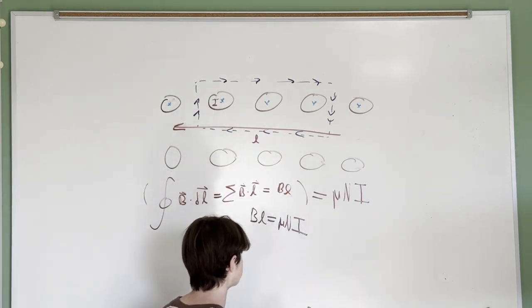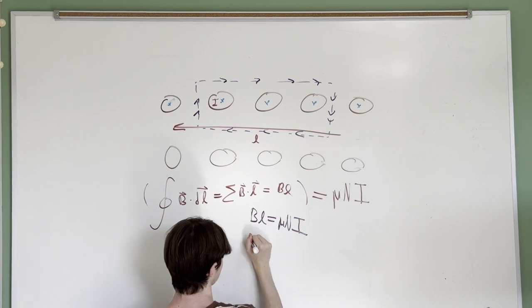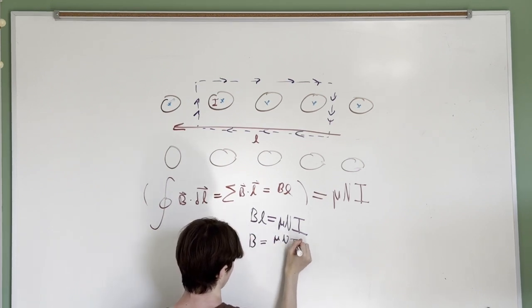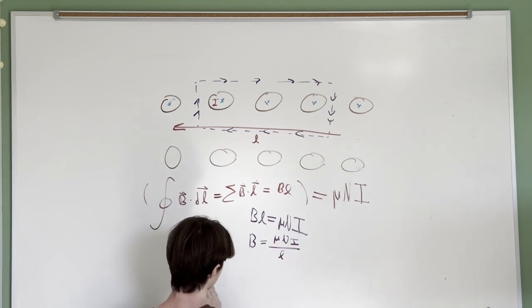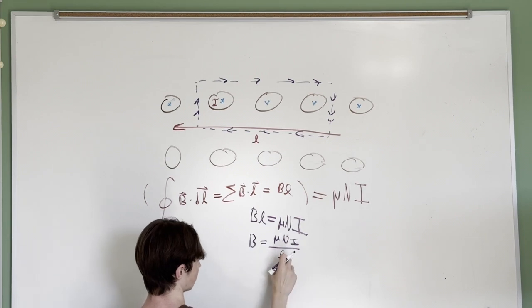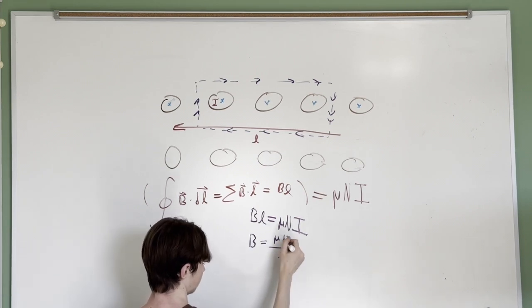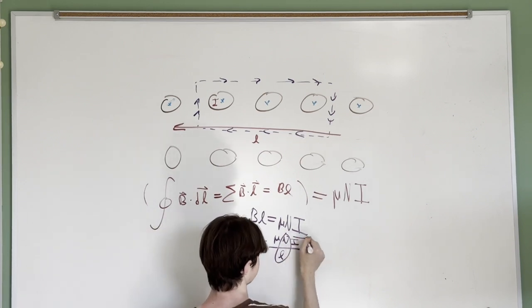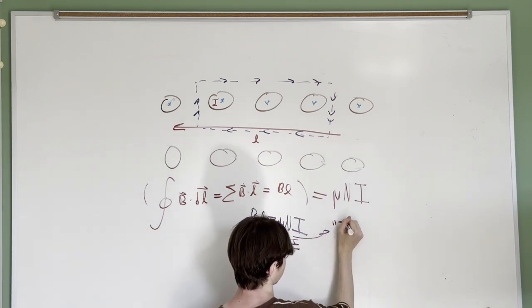So if we rearrange this equation for magnetic field, B is equal to mu N I over L, we see that we have this N over L. And this N over L, we name the turn density.